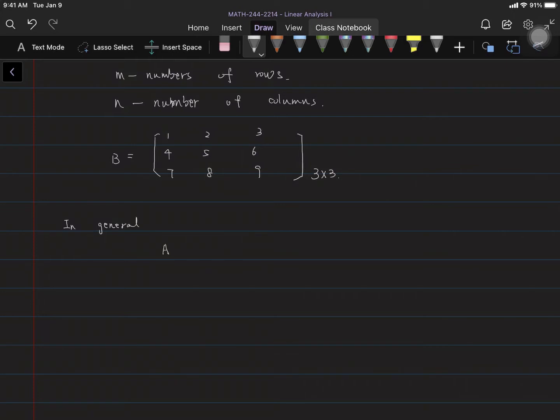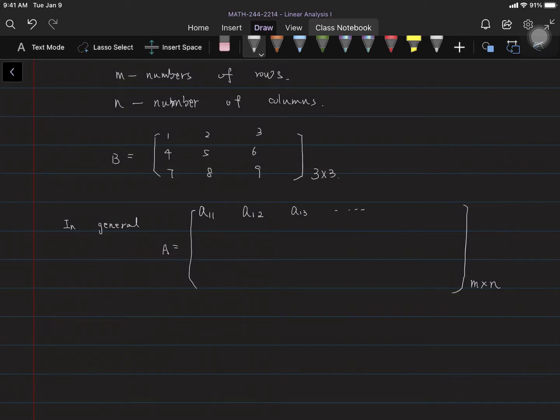In general, there is a general definition. The matrix is given this way, M by N. The number in the first row and first column, we say A11. The second number, the first row and second column, we say A12, and same thing, A13.